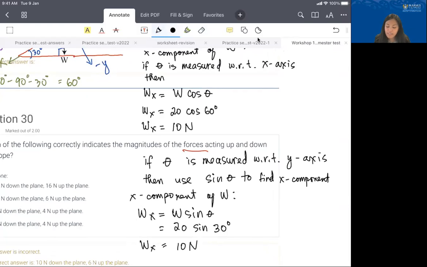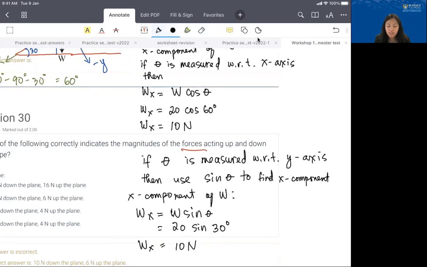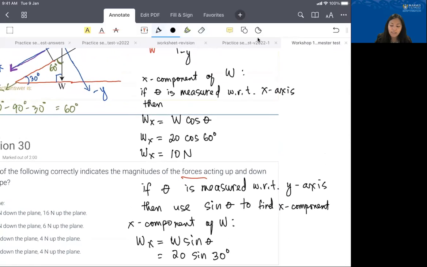Okay, so the difference is, if the angle is measured with respect to the vertical y-axis, then you use the sine of that angle. If it's measured relative to the x-axis, then you use the cosine of that angle.